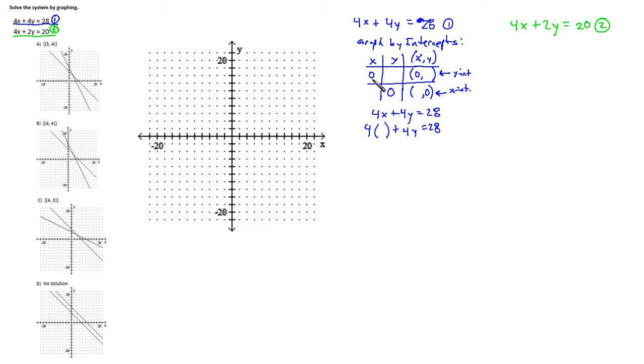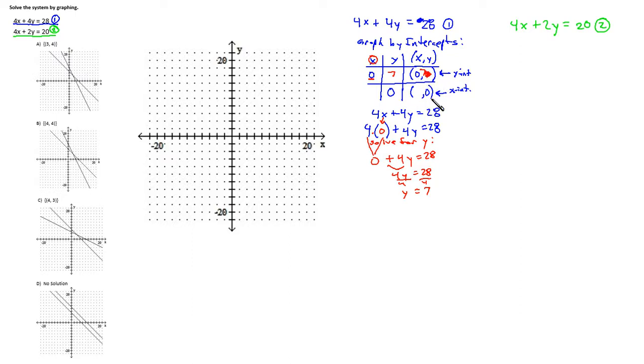I'm going to put a 0 in for x and solve for y. 4 times 0 is 0, plus 4y equals 28. 0 plus 4y is 4y. Divide both sides by 4. y equals 7.